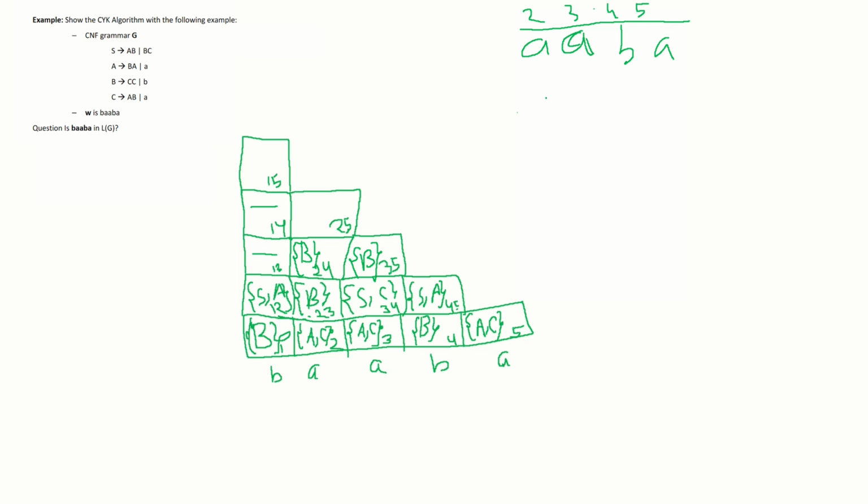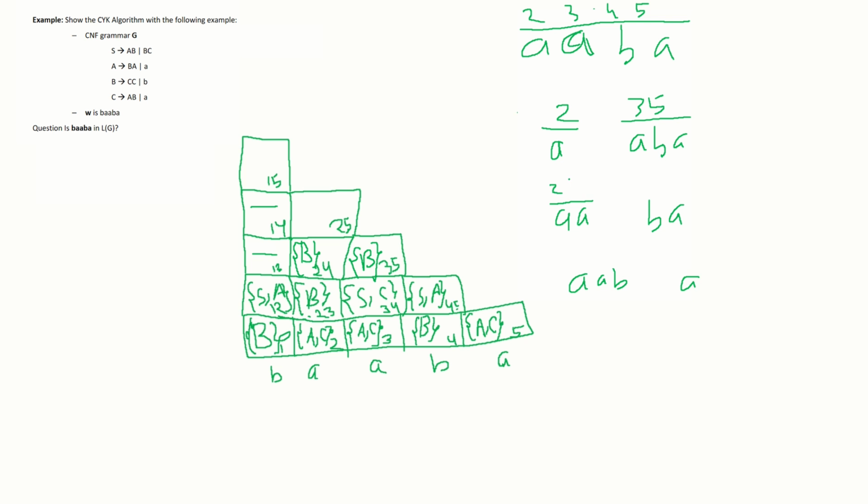Now check whether we can generate this or not. At first we need to break this into combinations of more substrings. At first we can break it as A and ABA. Then we can break it as AA and BA, and the last one is AAB and A. This is from position 2, this is from position 3 to 5.